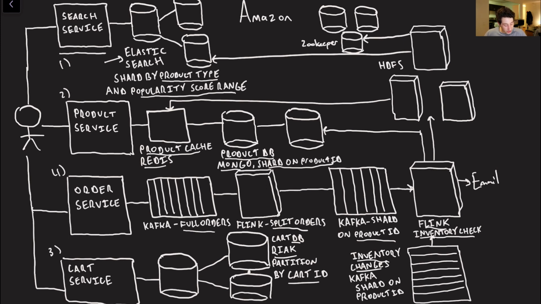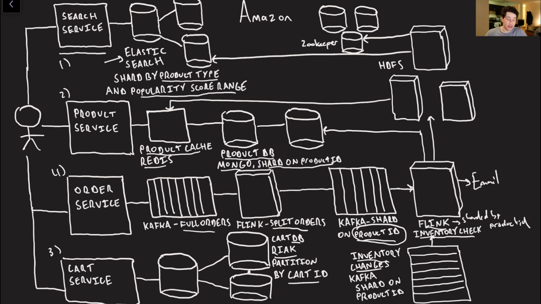Finally, of course, like I mentioned, we want to get some aspect of how popular a given product is. So in this Flink node right here, which is sharded by product ID, and keep in mind it's sharded by product ID because Kafka is sharded by product ID, and we have one Flink consumer per Kafka shard.